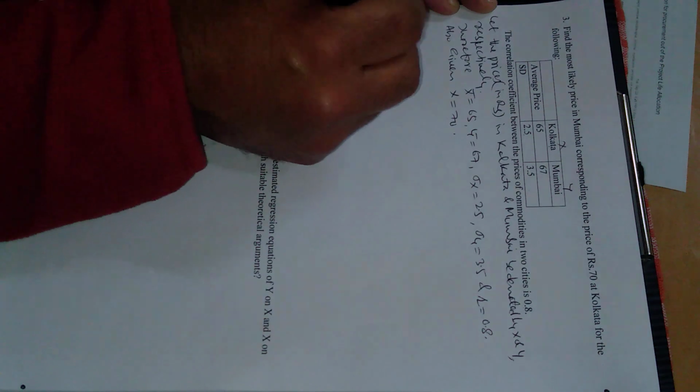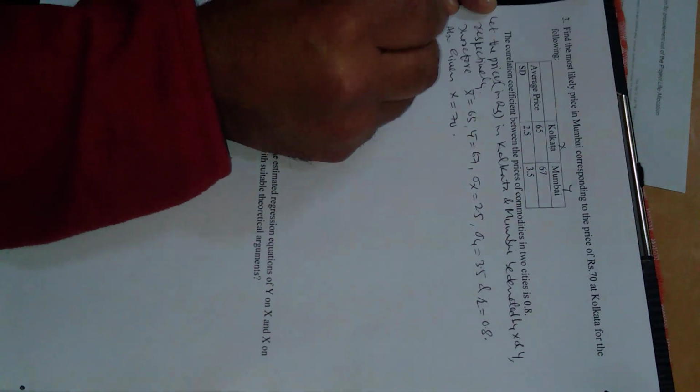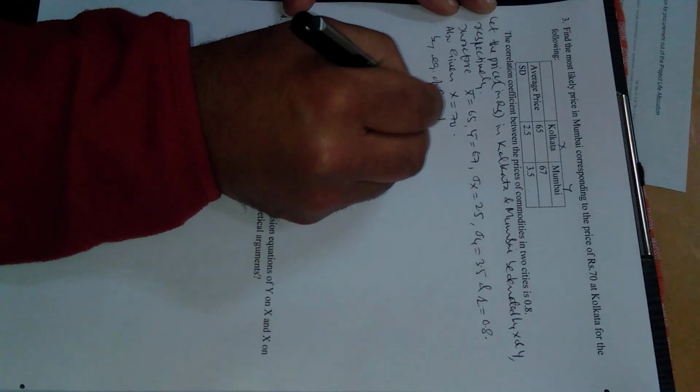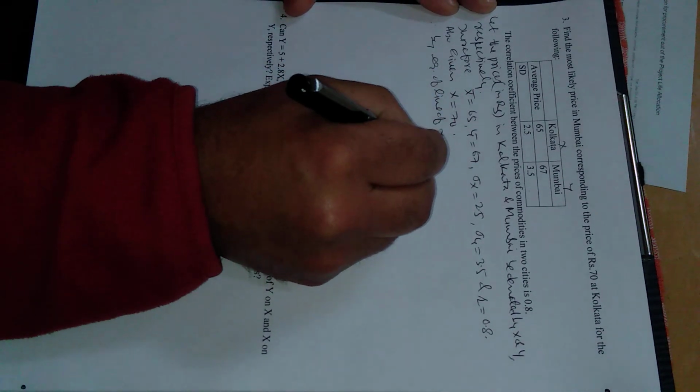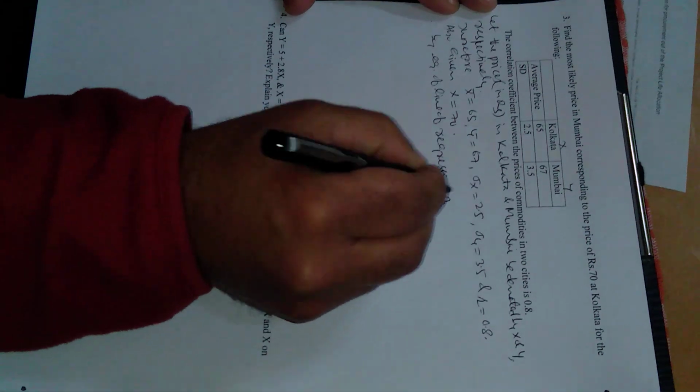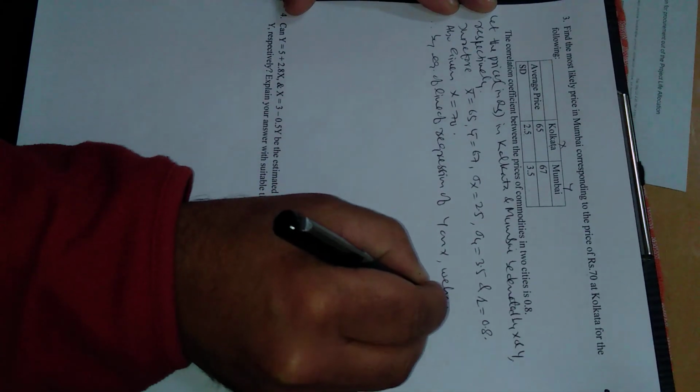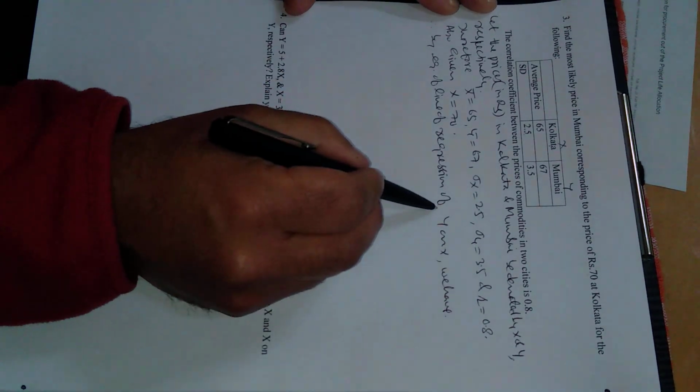So we will use the equation of line of regression of y on x. Why are we using this equation? Because we have to find y for given x.